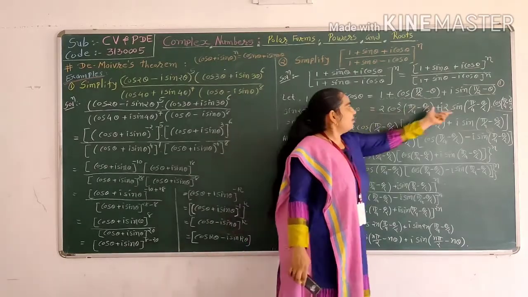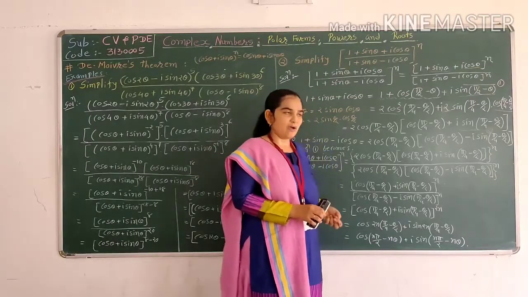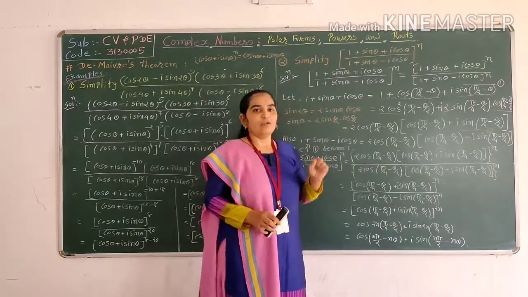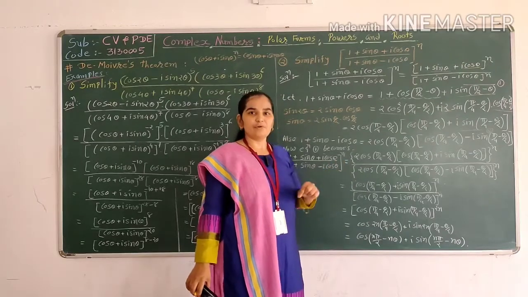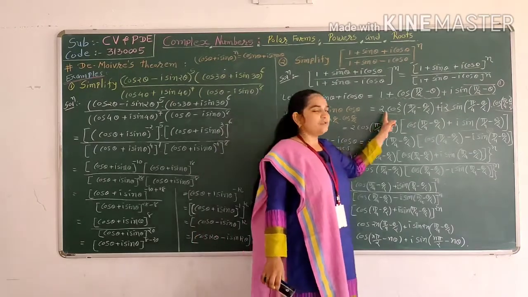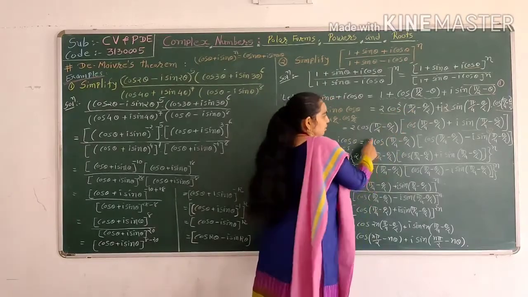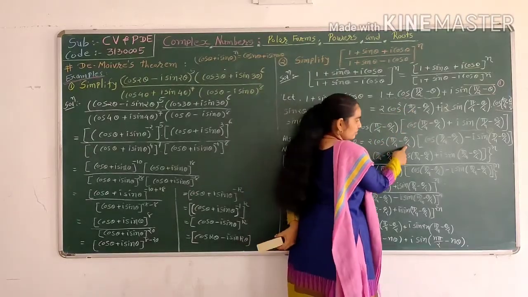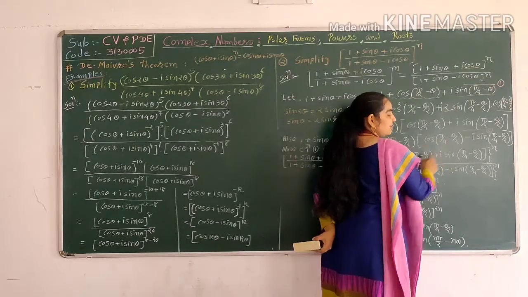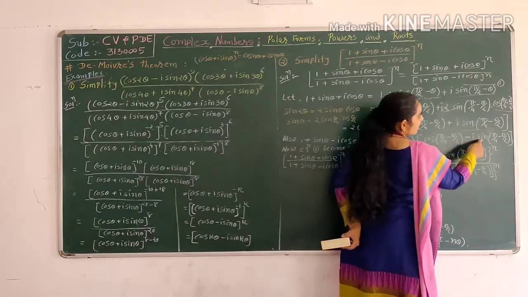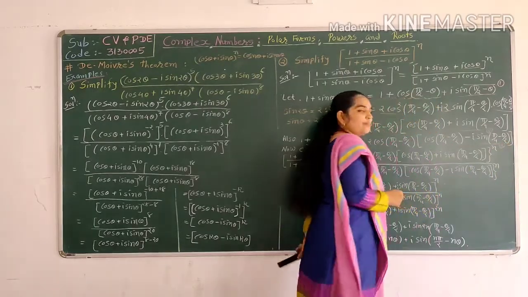Same as we have to find this term, then 2 cos square (pi by 4 minus theta by 2) minus i 2 sin(pi by 4 minus theta by 2) into cos(pi by 4 minus theta by 2). Now 2 cos(pi by 4 minus theta by 2) are common. Therefore 2 cos(pi by 4 minus theta by 2) into bracket cos(pi by 4 minus theta by 2) minus i sin(pi by 4 minus theta by 2). This is equation number 3.